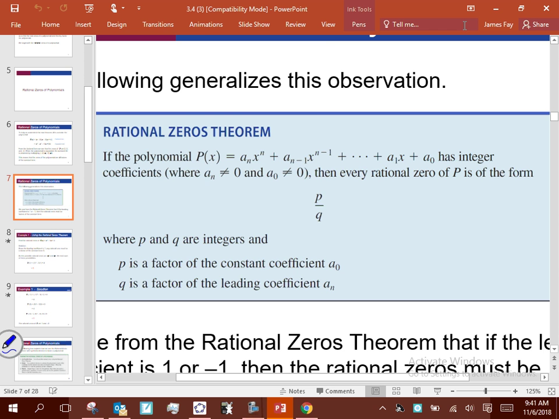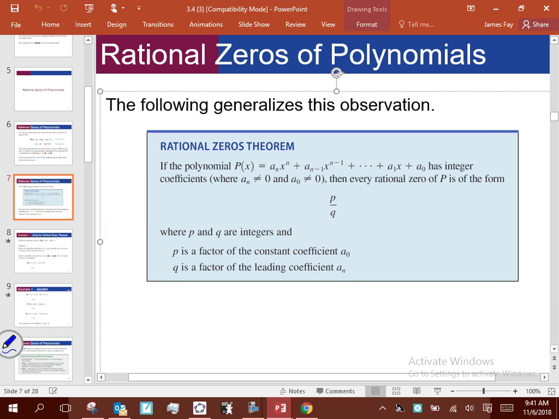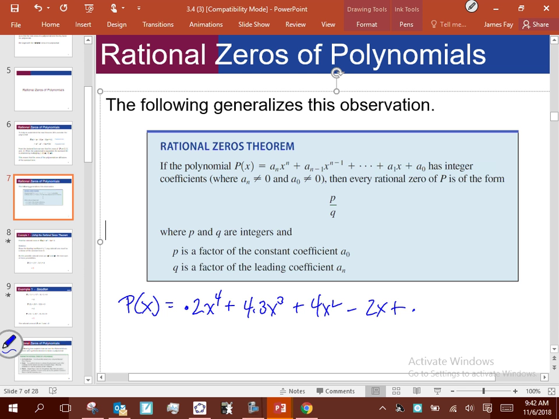Now the question is, how do we address this when maybe we don't have integer coefficients? Let's say I have p of x equals, I don't know, 0.2 x to the 4th plus 4.3 x cubed plus 4x squared minus 2x plus, I don't know, 0.6.